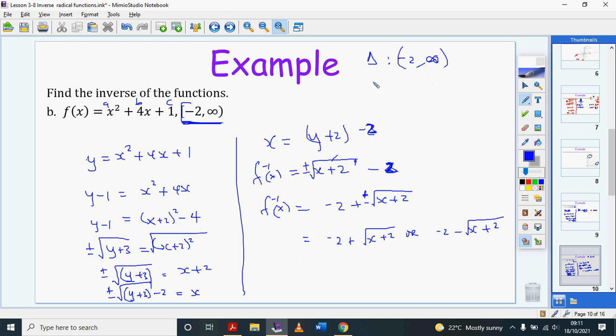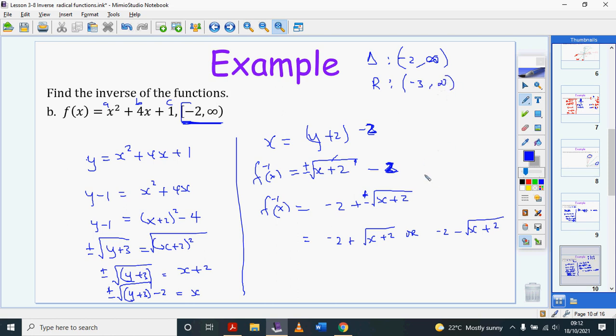And the original function had a range of this. I do not know exactly if it is (x + 2)² - 3. I think it was negative 3 to something, negative 3 to infinity.